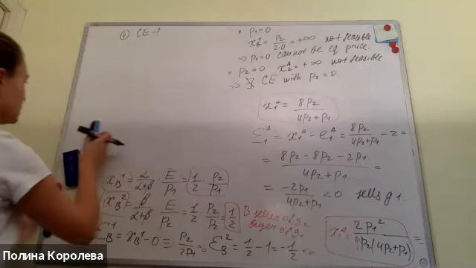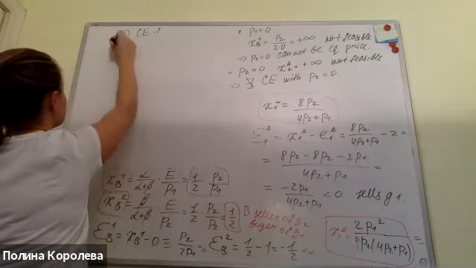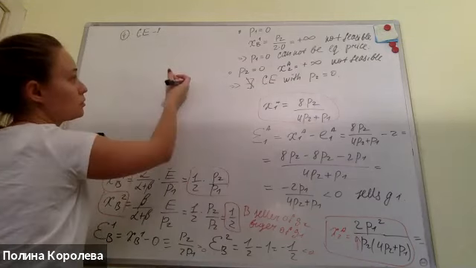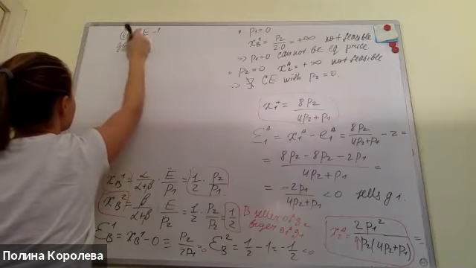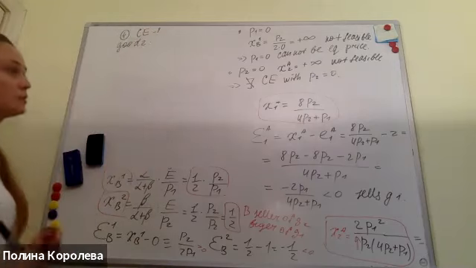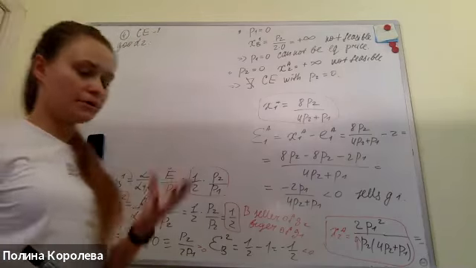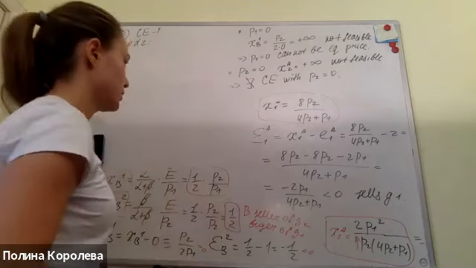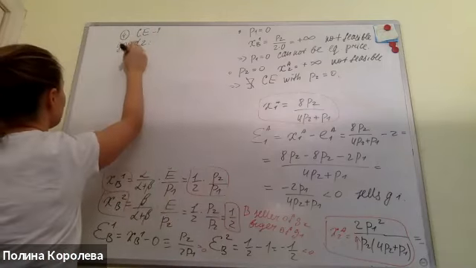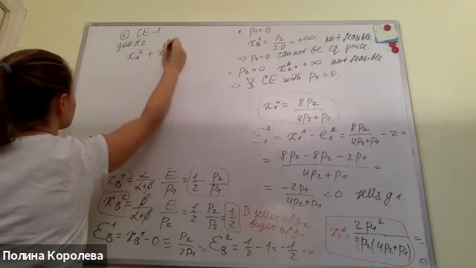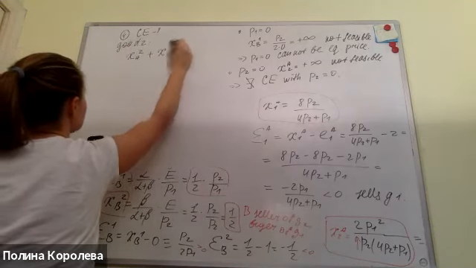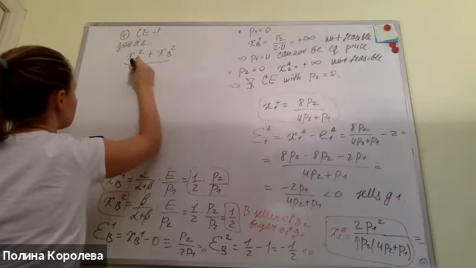Let's use this. For example, let's consider the market for good 2. In this market, the aggregate demand should be equal to the aggregate supply. Aggregate demand is the demand of individual A for the second good plus the demand of individual B for the second good.